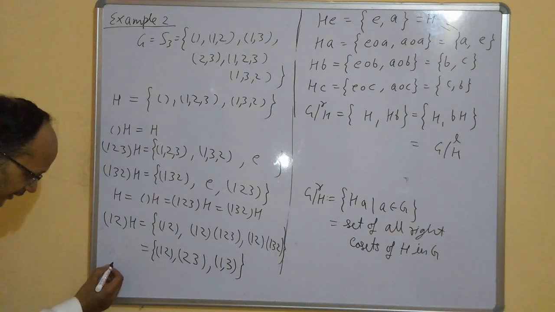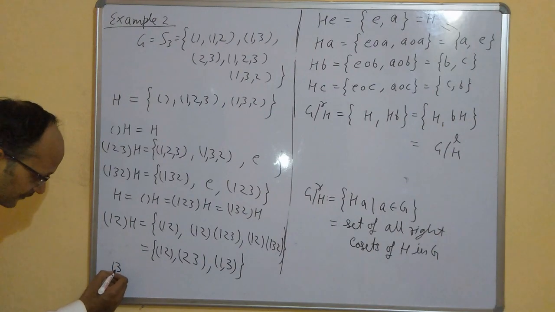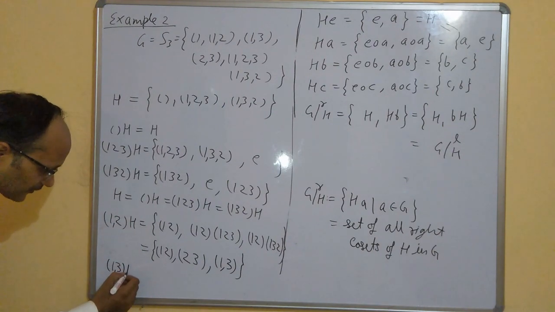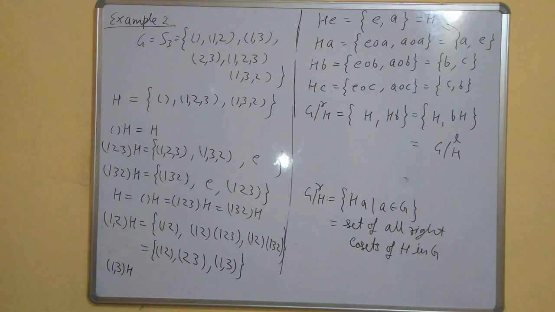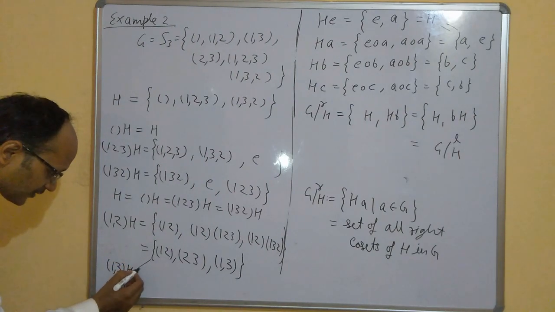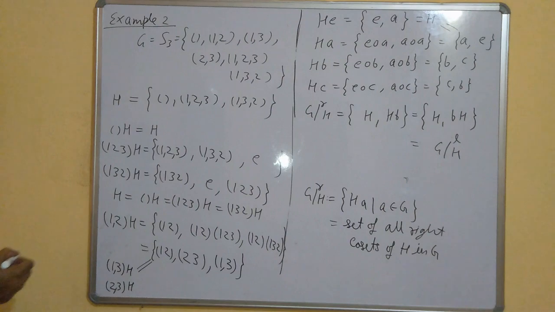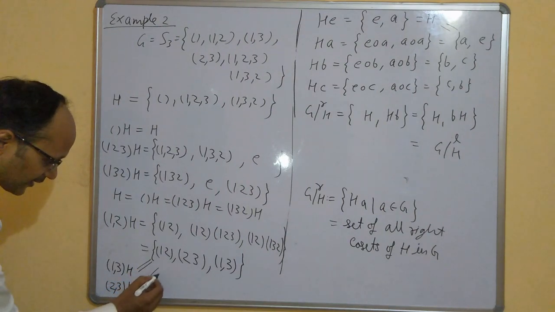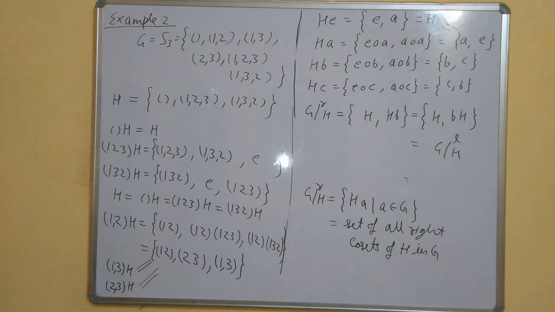And now let us calculate (1 3)H and (2 3)H. So it is not hard to see, or I am leaving it as an exercise, that these 3 are equal. These 3 are the same thing.